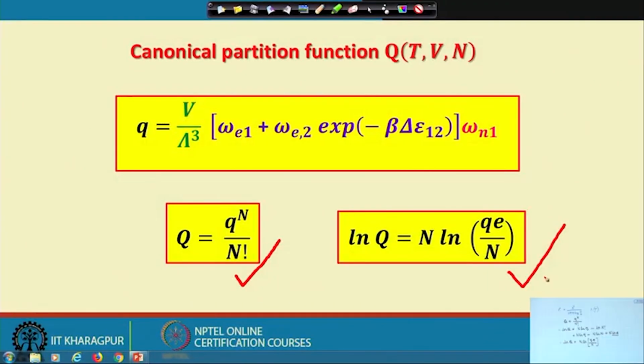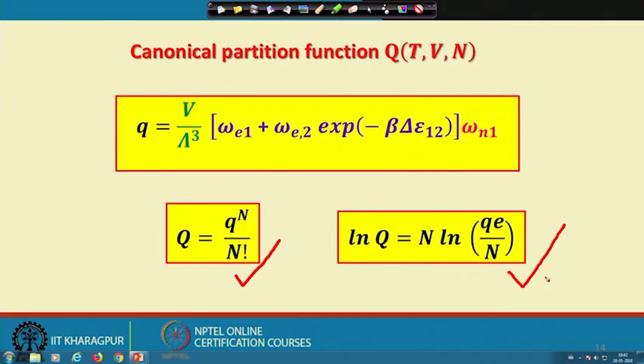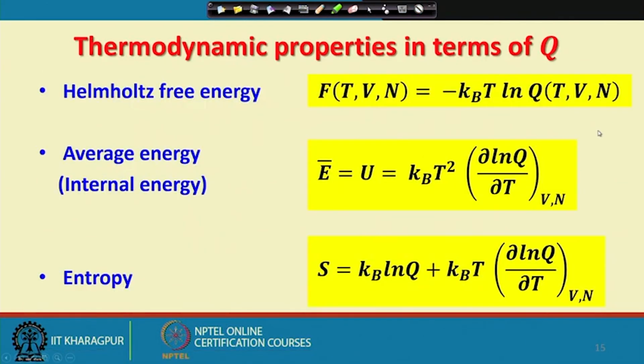Okay. Now, how do I use these relationships? The way to use these relationships is I am going to use the partition function to derive the thermodynamic properties of the system, and these are relationships that we have already figured out.